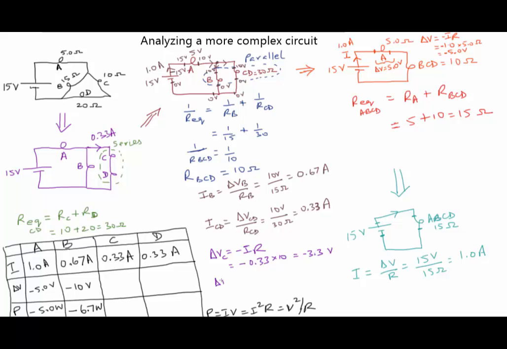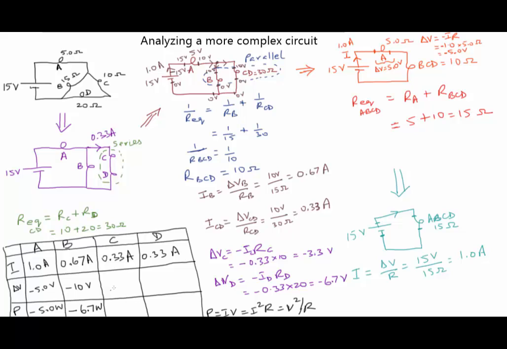And for D, it will be minus ID times RD. This was IC and RC. Minus 0.33 times 20, which would be minus 6.7 volts. You'll get 6.6, but if you used another decimal, it'll be 6.66, which will translate to 6.7 volts.